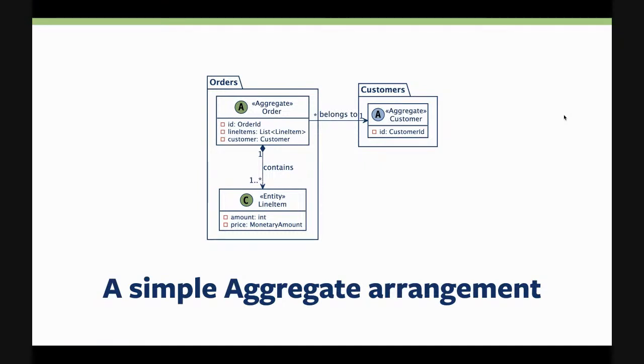For those of you who have not deeply read the Blue Book, the responsibility of an aggregate is basically a group of entities, related entities, where one of them is an aggregate root. And the responsibility of the aggregate is to enforce some kind of business rules, consistency rules mostly.